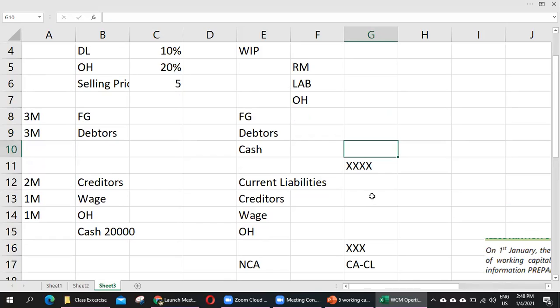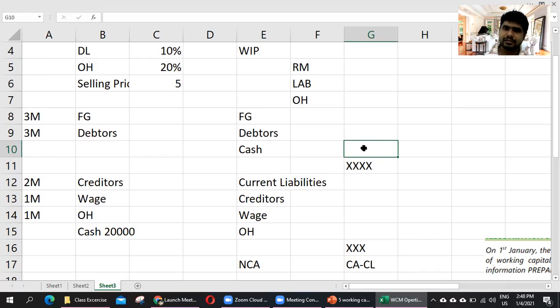How much cash balance here? Anybody of you? 20,000. Very good, exactly. I will go a little fast. If anybody doesn't understand, please stop me and ask, right?